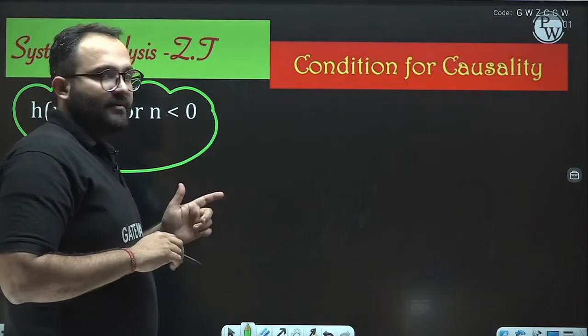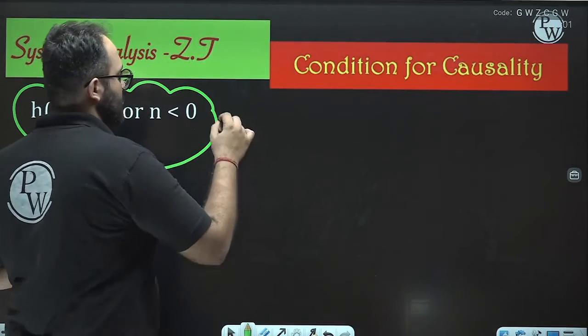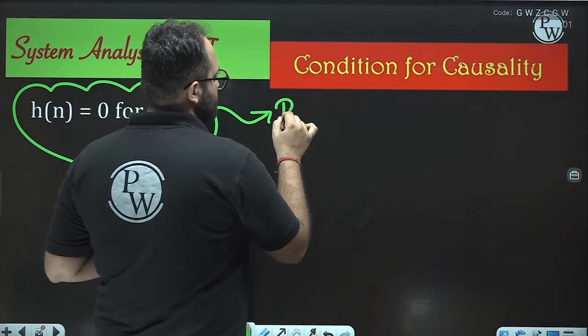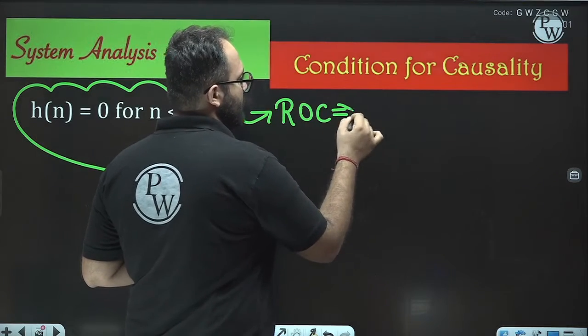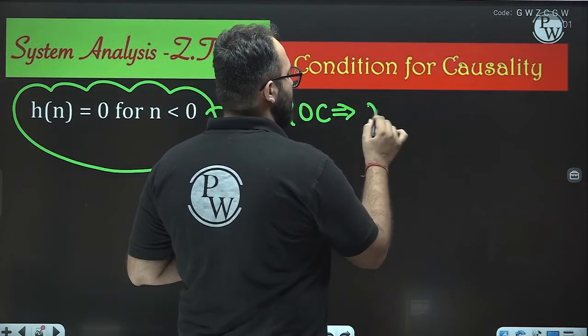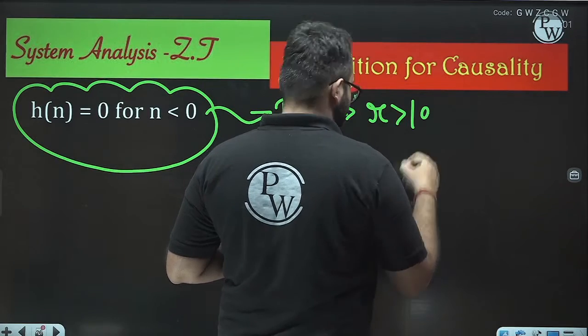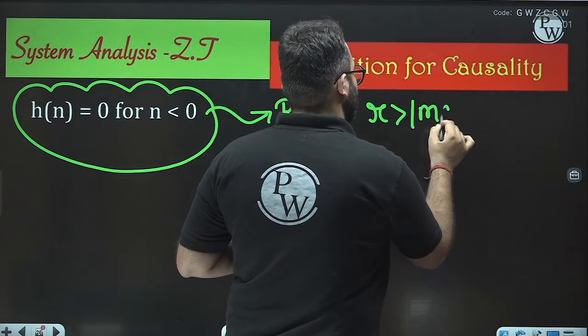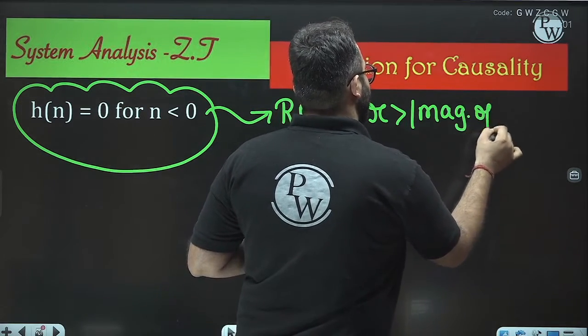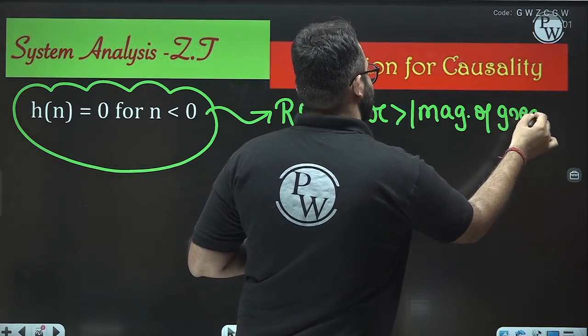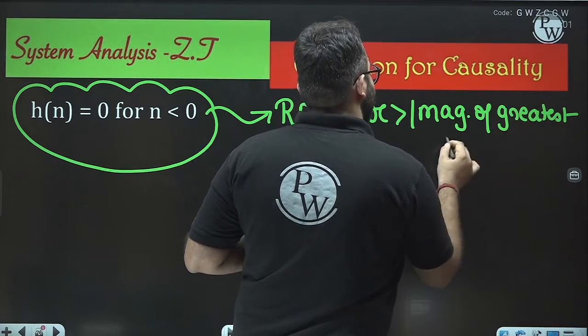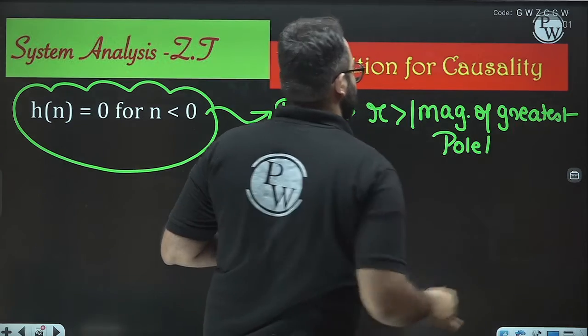Now, for a right-sided signal, the condition is the ROC should be R greater than the magnitude of the greatest pole.